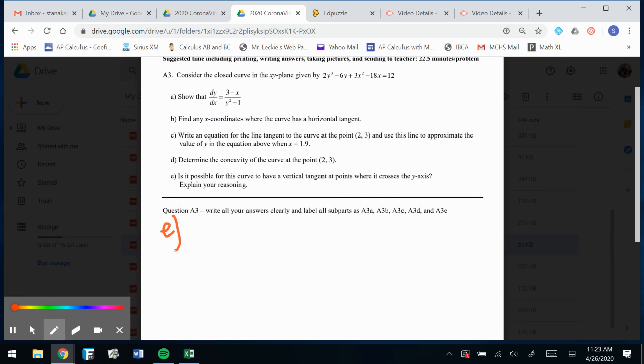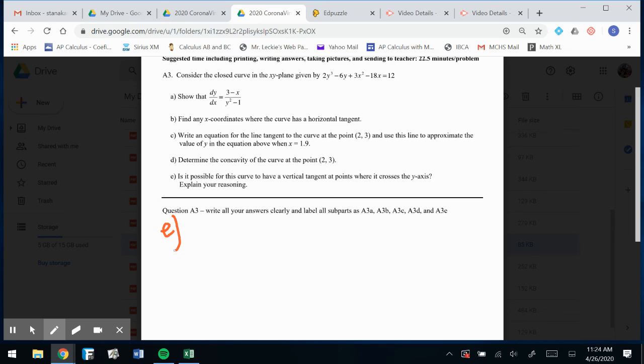Now we have E. Is it possible for the curve to have a vertical tangent at the point where it crosses the y-axis? Well, where it crosses the y-axis would be when x is equal to 0. Right, class?